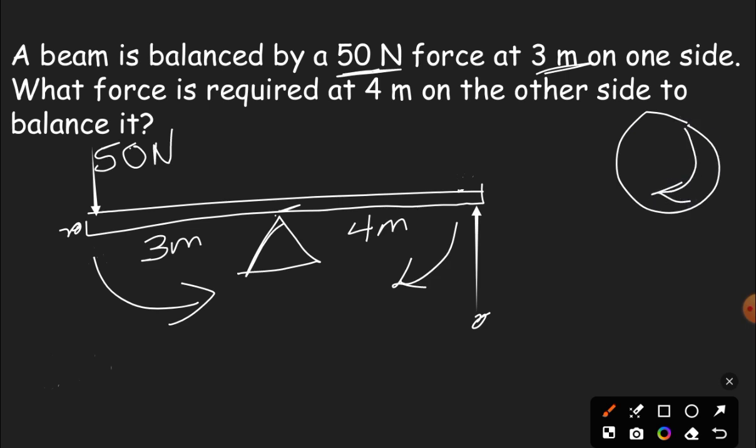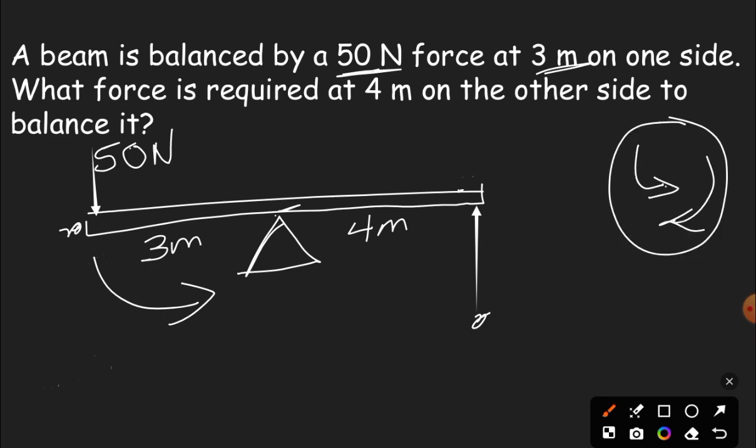In this direction, we call it clockwise moment because this is the direction in which the little arms on the clock move. Now, in this direction is the anticlockwise. Anticlockwise means the opposite direction of the arms on the clock.